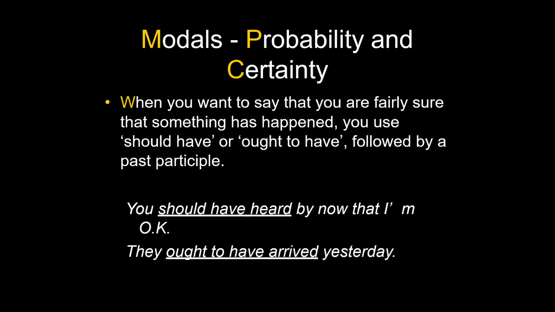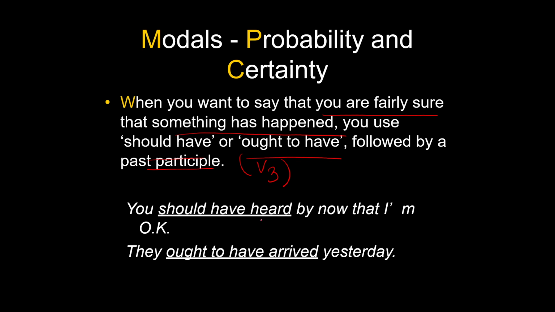Okay, so similarly, when we want to say that we are fairly sure that something has happened, we use should have or ought to have, which is followed by the past participle, or verb 3. Like when we have to say a statement like this: you should have heard by now that I'm okay.